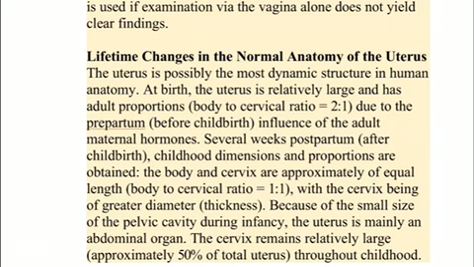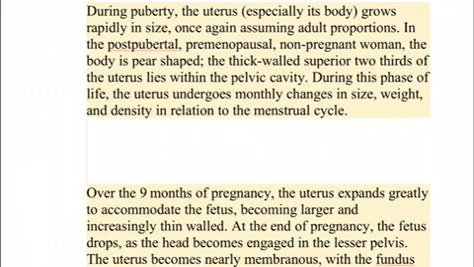But when you get to puberty, the uterus, especially the body, grows rapidly in size, and it now gets to the adult proportions. In the post-pubertal, premenopausal, non-pregnant woman, the body of the uterus is pear-shaped. The superior two-thirds of the uterus is thick-walled, and it lies within the pelvic cavity.